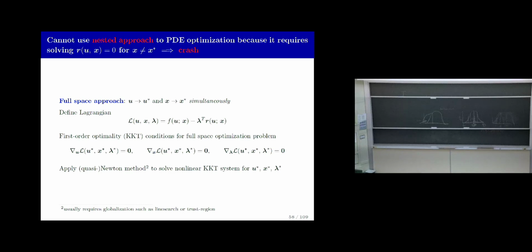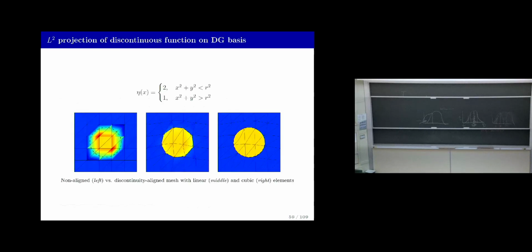So you have essentially three systems of equations, with three variables: your U, your X, and your Lagrange multipliers lambda. Solve this huge system of equations. That's basically what this amounts to. So you can apply some sort of quasi-Newton method for this after you use some globalization strategy with either line searches or trust regions. And this is basically the solver that we have for taking U and X to their optimal values simultaneously.